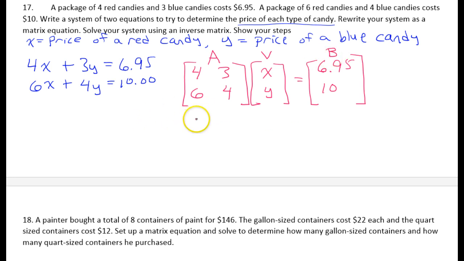So what we have here is the fact that matrix A times matrix V is equal to matrix B. What we really want is to get matrix V by itself. We can do that by multiplying both sides by A inverse.